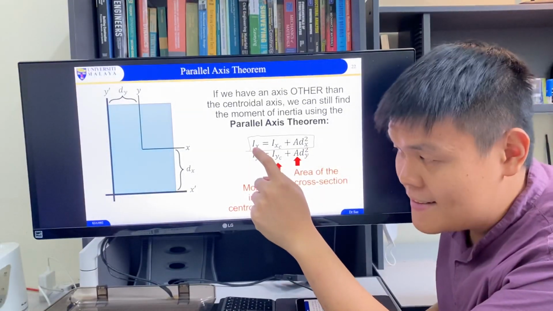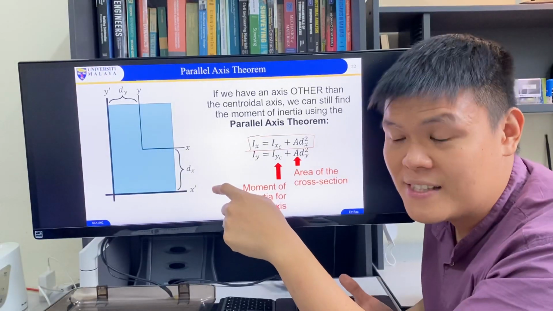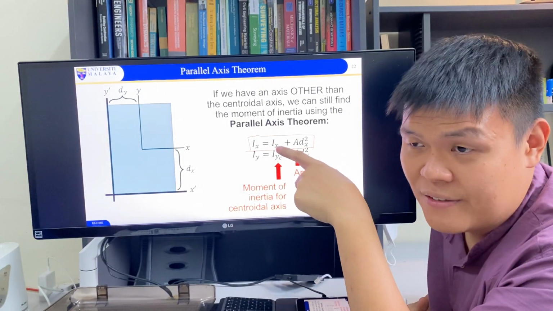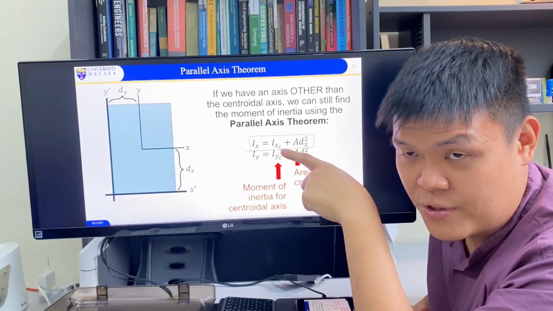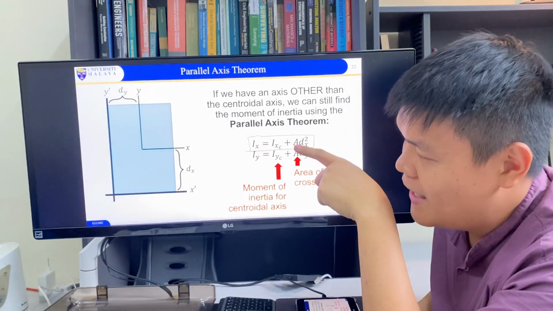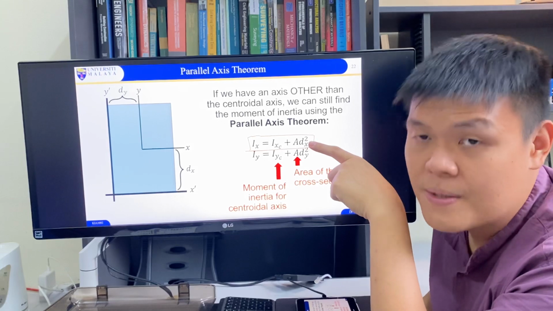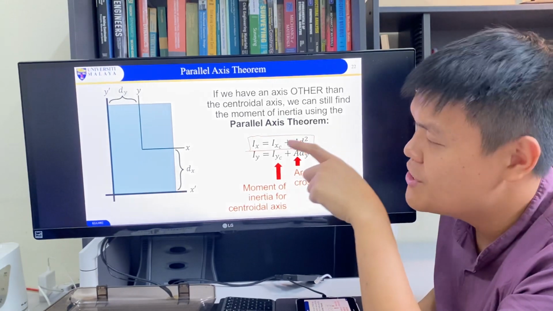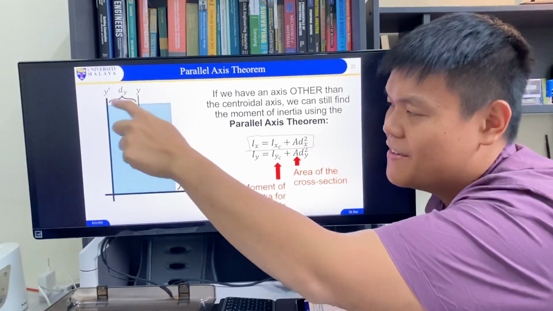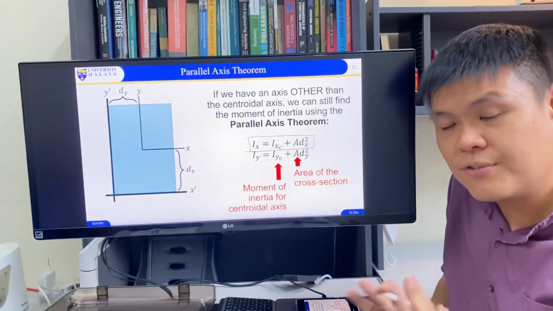So Ix, which is I for this axis, a different axis from the centroidal one, is I for the centroidal axis, but you need to plus this at the end, which is A, the area, times D, the distance squared. Simple enough. You just find I for this, but then you plus A, the area, times this distance squared. That's how the formula goes.